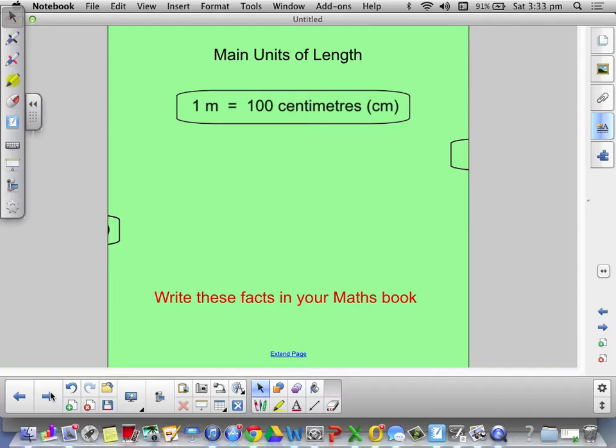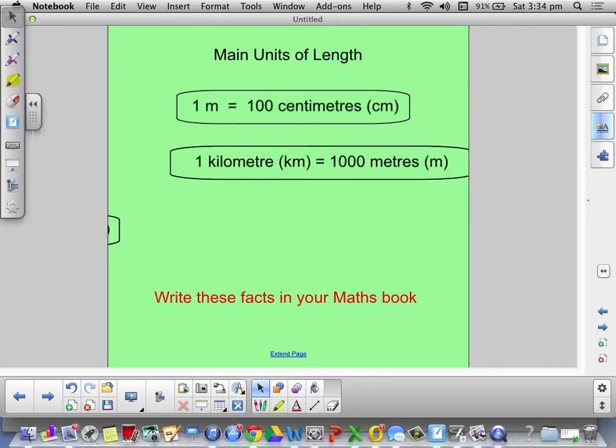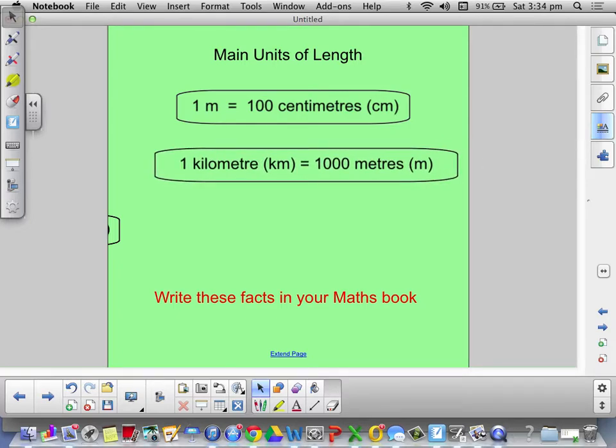Okay, so your 1 metre ruler has 100 centimetres in it, and you can go and have a look in the classroom and count them up and make sure that I'm not telling lies. I think you'll find that's true. Okay, now we talked about kilometres. Okay, a km, 1 kilometre. Now that's 1,000 metres. So if you've got 1,000 metre rulers and you put them end to end, a lot of metre rulers, you would make 1 kilometre in distance.